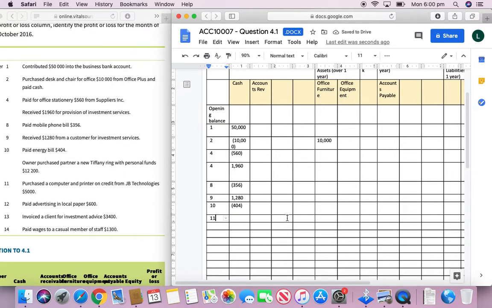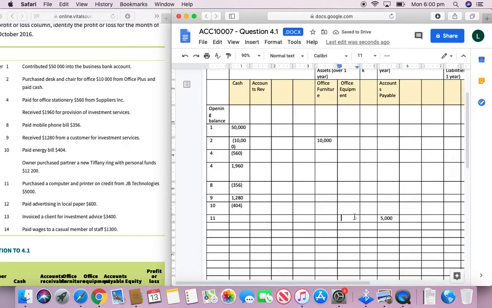Purchased a computer and a printer on credit from JB Technologies, $5,000. So it is not a cash transaction. So what is it? When we purchase something on credit, it's money that's owing in the future. So that means it's accounts payable, which is a current liability. So we've got $5,000 here increasing.